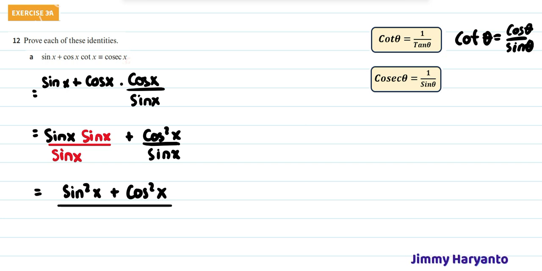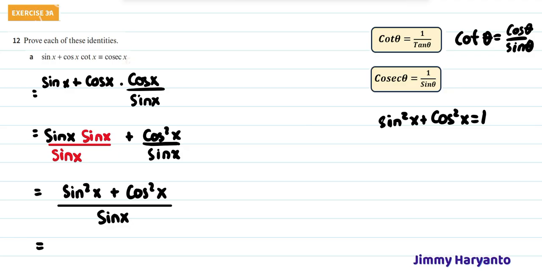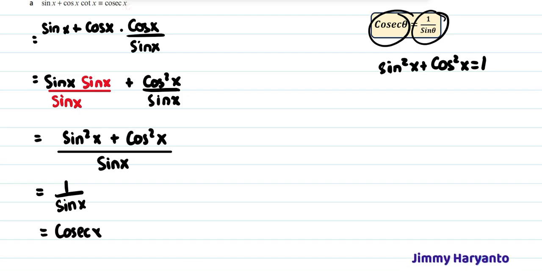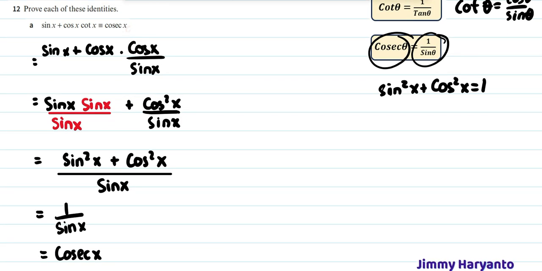Combine the fractions, you'll have sine x right here, and then we'll use the formula of sine square x plus cos square x equals to 1. That means the top one will become 1 over sine x, and 1 over sine x is cosecant x. So this one is cosecant x, and it is shown.